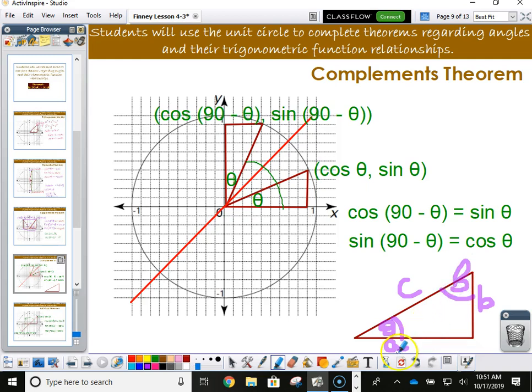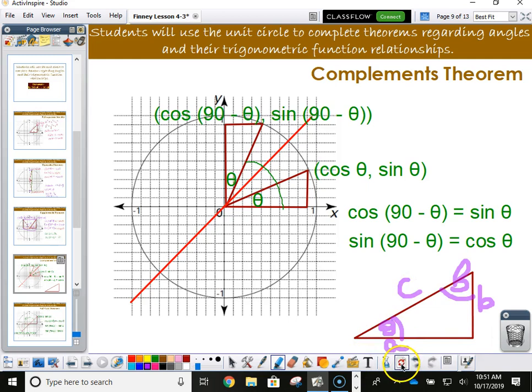It's kind of confusing with two P's. The sine of theta is opposite divided by hypotenuse. The cosine of beta, which is the complement, is B divided by C. They're the same because they're complementary, because of the relationship within the right triangle.